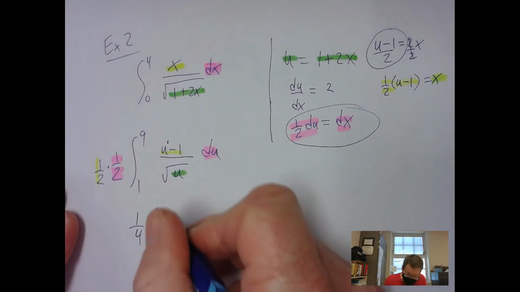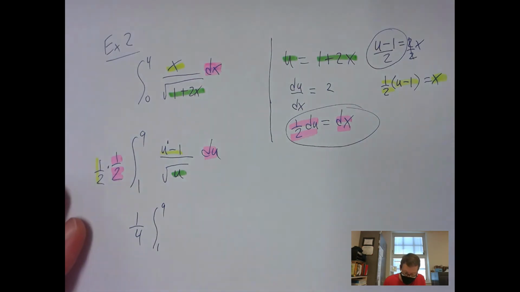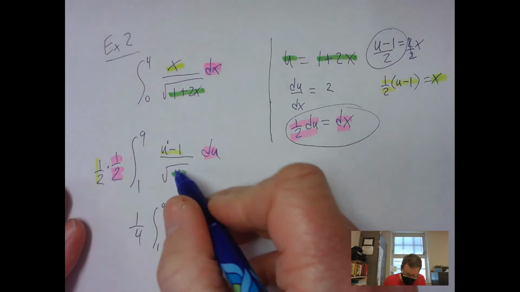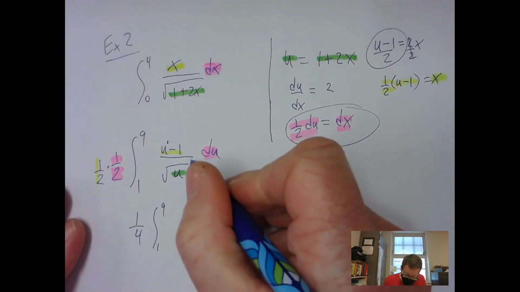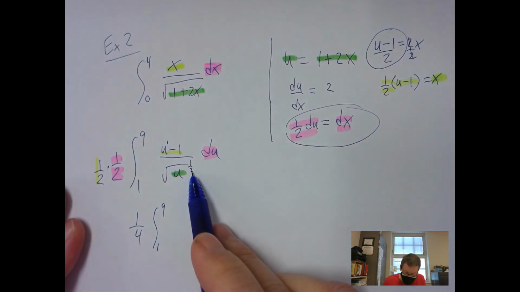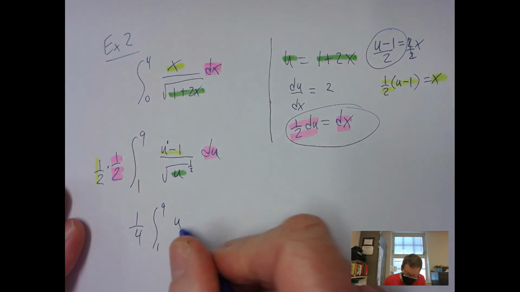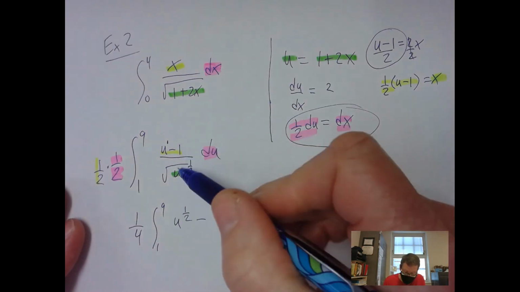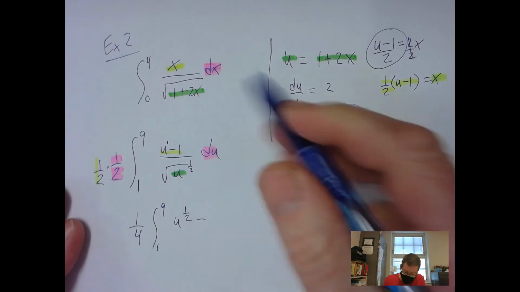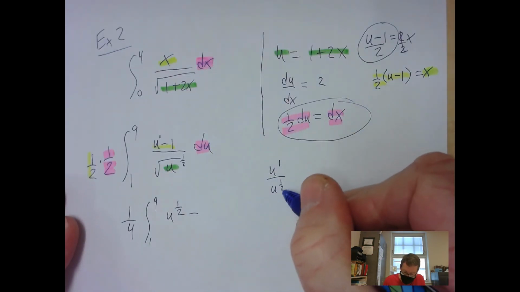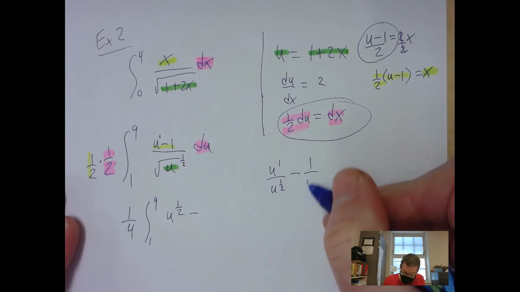Integral 1 to 9. So I'm going to do u divided by u to the 1/2 power. So think of this as the 1/2 power. So we subtract the exponents, right? So it's u to the 1/2 power minus, and now I'm going to distribute this into here. So this is what I'm doing. I'm doing u to the first divided by u to the 1/2 minus 1 over u to the 1/2.